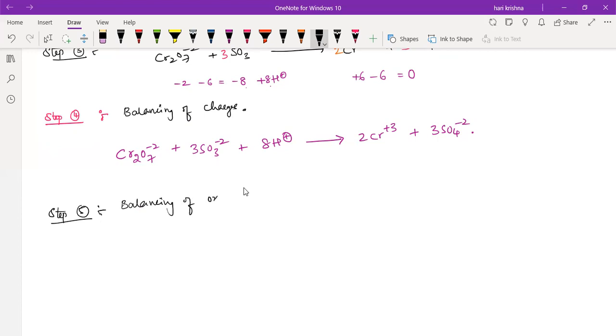Balancing of oxygen atoms. So to balance oxygen atoms, what do you have to add? Add water molecules. Okay. Sorry, to balance the hydrogen atoms. Hydrogen or oxygen? Last step. Sir, hydrogen.